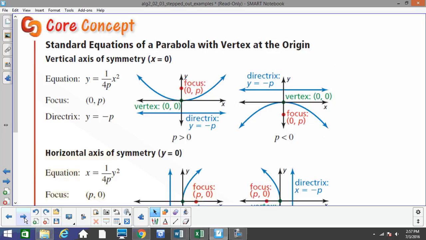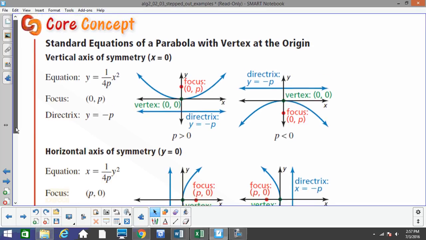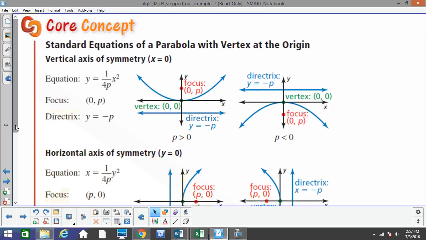All right, I'm going to give you a few formulas here. If I were taking notes, I would probably pause and write some of this down. This is going to be important information. So we've got parabolas here where your axis of symmetry is x equals 0.